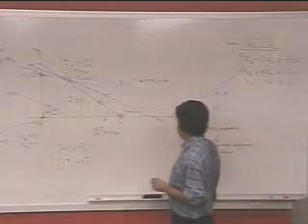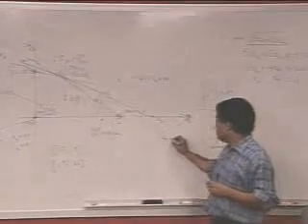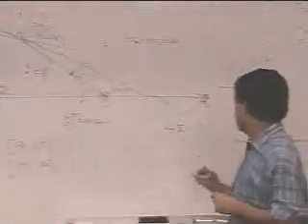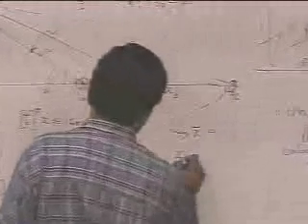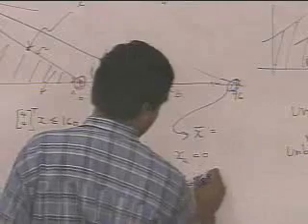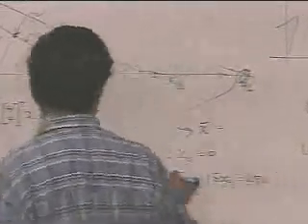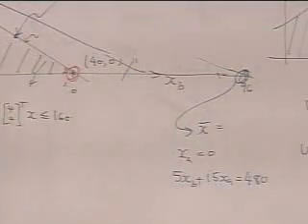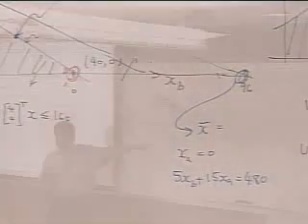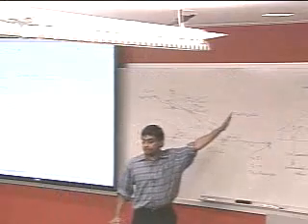Take this point, 96. What are the constraints that are active over here? Xa equal to 0, and the other one is 5xb plus 15xa is equal to 480. There are two constraints that are active at that point, but that is not a corner. Right? Because it violates some other constraints.